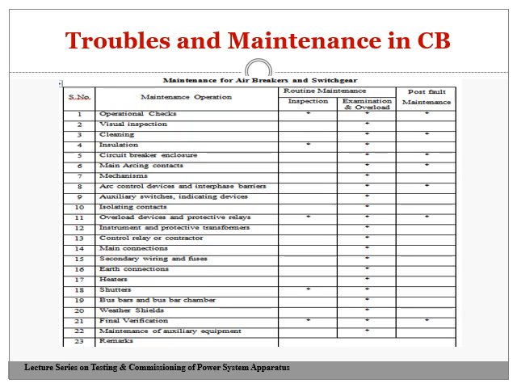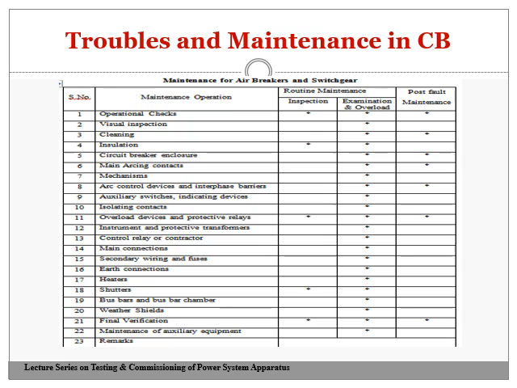Now, one of the maintenance aspects of the air breakers and switchgears is shown in the figure, in a tabular column. We have a total of 23 components to be verified, in routine maintenance or post-fault maintenance.